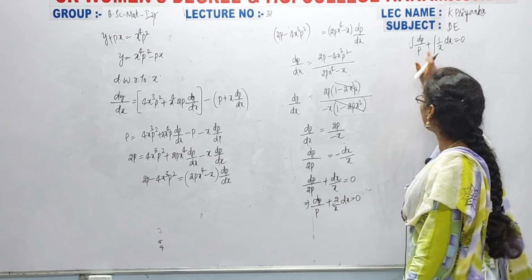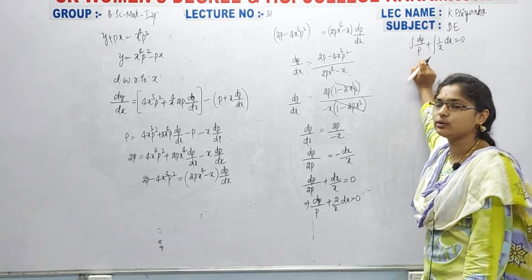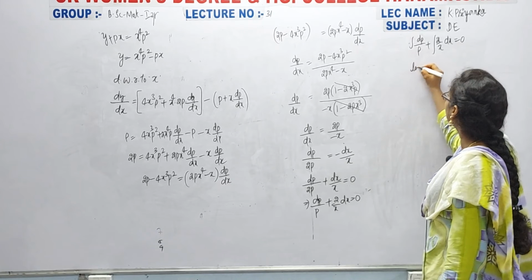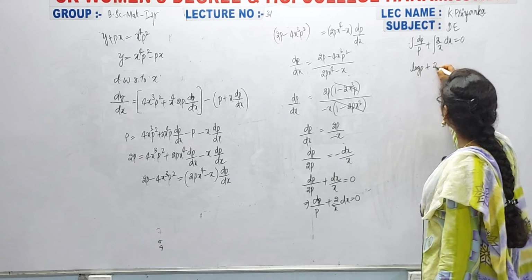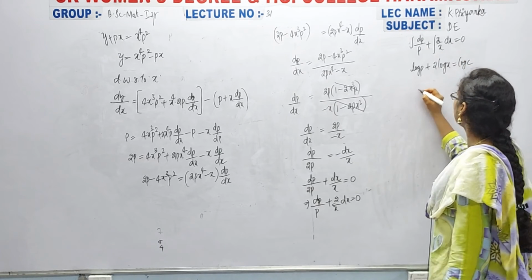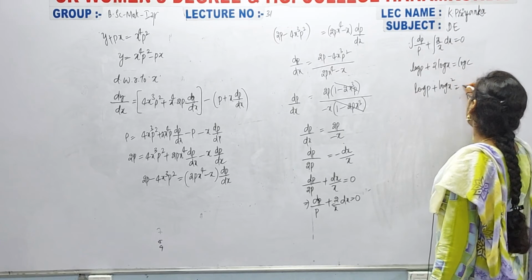Why I am writing this: if I take 1 by 2, then I will get log p power 1 by 2. So that's why I am taking it like that. Now simply log p plus 2 into log x equal to log c. So then log p plus log x square equal to log c.